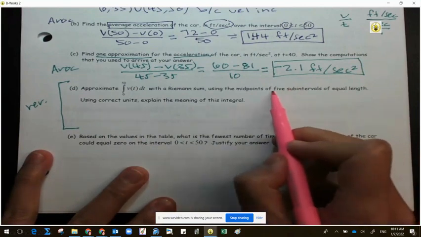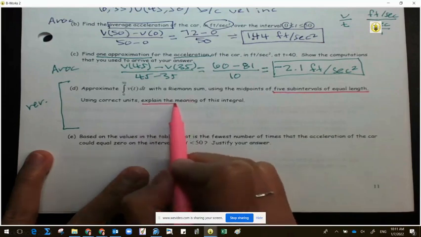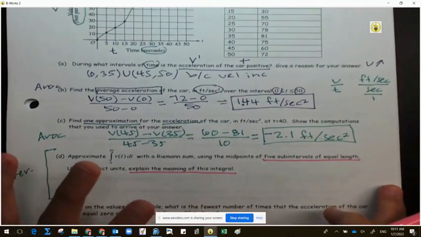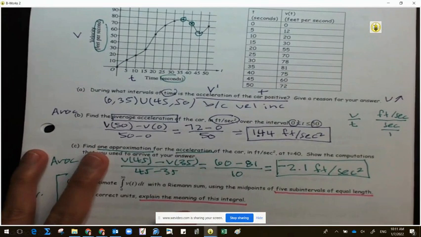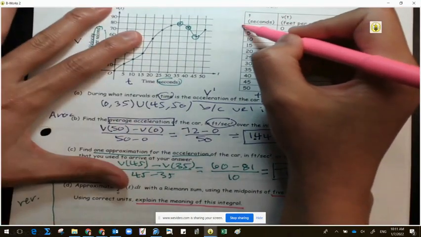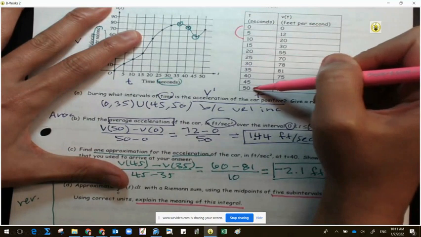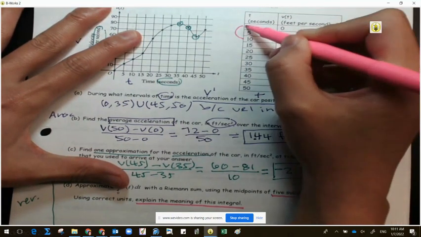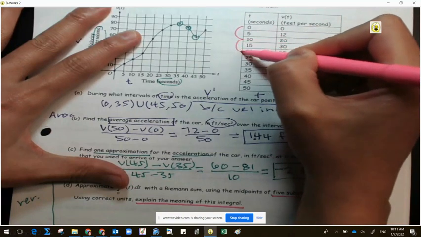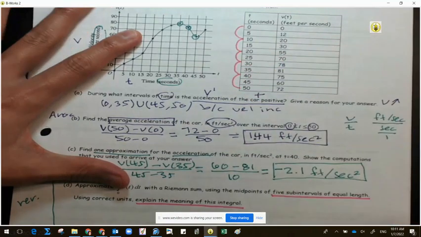All right. 5 subintervals of equal length. And then we'll do the explaining part after the answer. But let's go to our table. If I want 5 subintervals that are equal length, it looks like I have to go from 0 to 10, because if the last number is 50, each one has to contain 10 units, correct? So I have 0 to 10, 10 to 20, 20 to 30, 30 to 40, and 40 to 50.